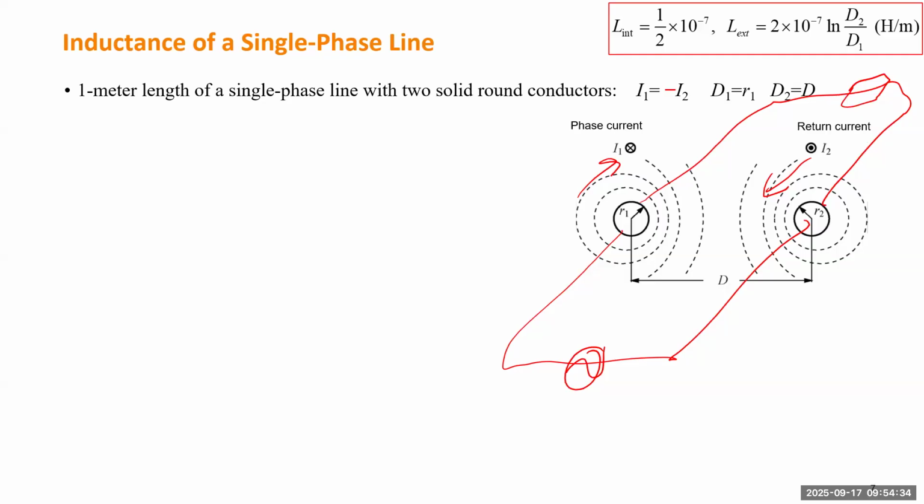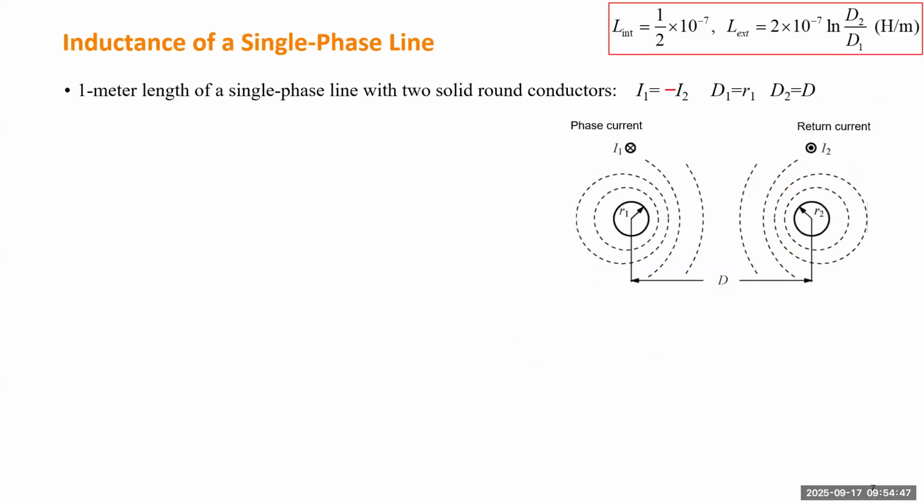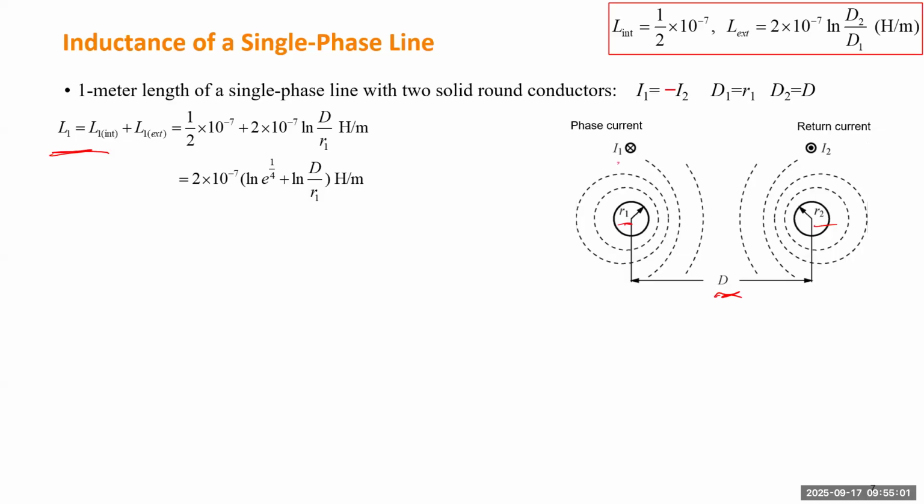So we only study one section of this conductor. We just cut the two conductors at the same dimension, and we assume the distance is d, and each conductor may have a different radius. So let's study the inductance of the first conductor. From the formula, we need to add the internal inductance and the external inductance.